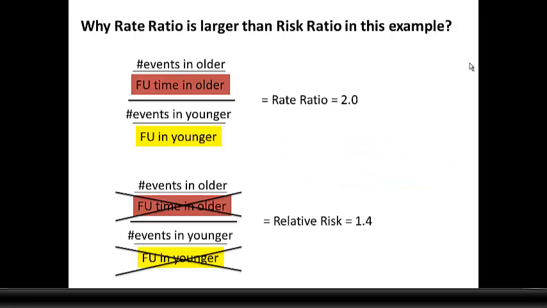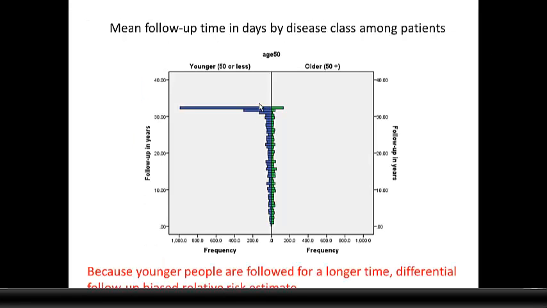So therefore, it is very important to consider the differential follow-up in the computation of risk. And many times such ignorance of differential follow-up time biases the result of a study. Another example: when you conduct a randomized clinical trial comparing the effect of a new drug versus a placebo, and you follow patients over a year and count the number of events, which is deaths, for example, at the end of the study, you had the same number of deaths between two groups.